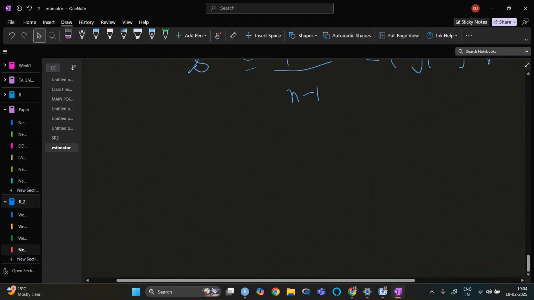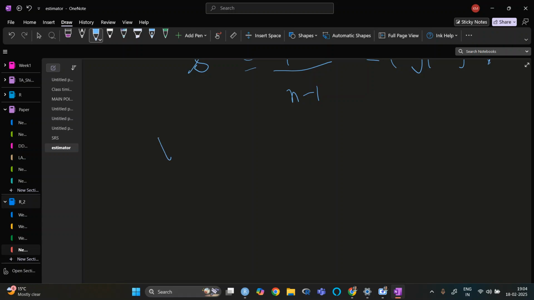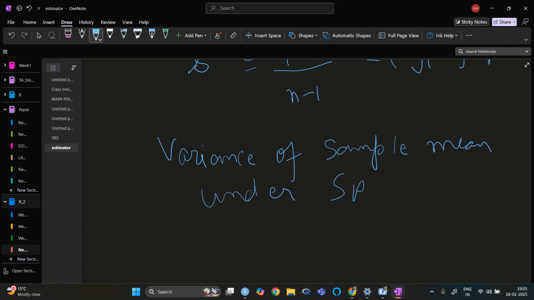Now let's see the variance of the sample mean: what it is with SRSWOR and what it is with SRSWR. So, the variance of the sample mean under SRSWOR.